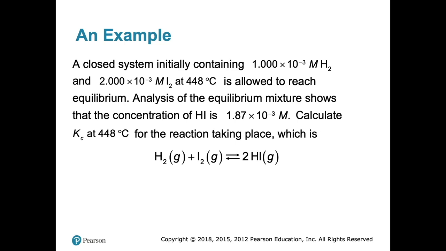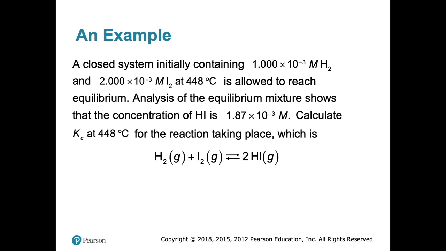An analysis of the equilibrium mixture shows that the concentration of hydrogen iodide is 1.87 times 10 to the negative 3 molar. Calculate what Kc is, the equilibrium constant, at this temperature for the reaction taking place, which is this.